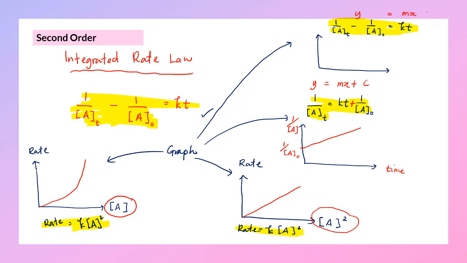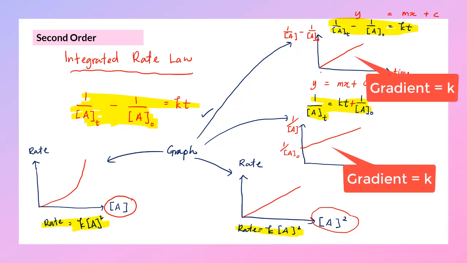So we can sketch 1 over A minus 1 over initial concentration of A against time. The graph is like this, directly proportional, and starts from the origin. This one we have C, which is 1 over initial concentration.